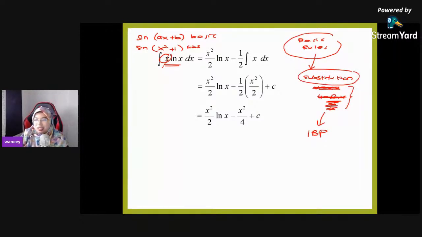Check your substitution: if you differentiate, can you get its own derivative inside? If you can, go ahead. If you cannot find its derivative, then go to integration by parts. You need to be quick at thinking this through. Over time you get faster, and just by looking you can guess which to use. Okay, so done with this question.